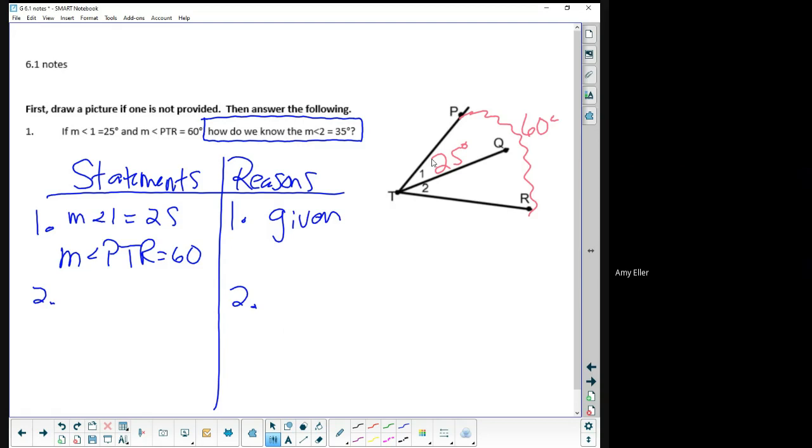That's like my final statement. Okay, so how are we going to explain or prove angle 2? We're going to talk about angle addition postulate. So I'm going to write down that angle 1 plus angle 2 adds up to angle PTR. Measure of angle 1 plus measure of angle 2 equals measure of angle PTR.